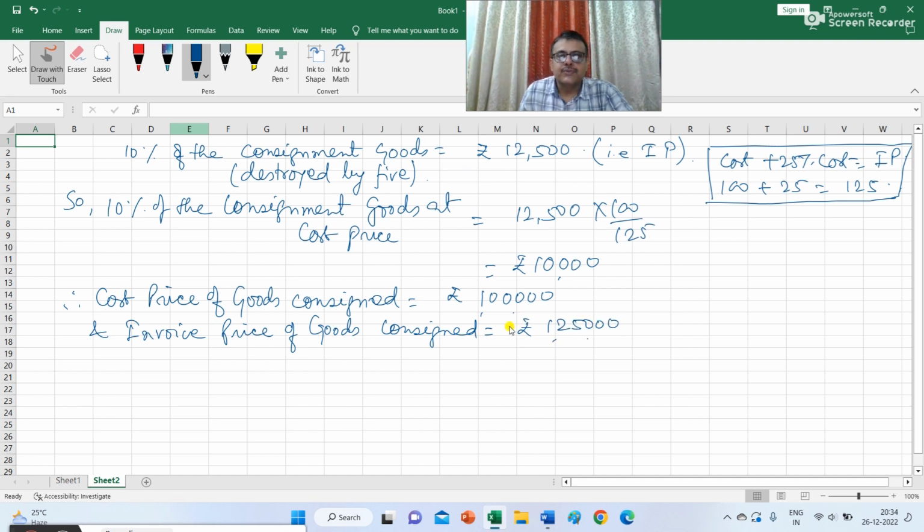Now this working is very important and I am writing this working as working note number 1. So in working note number 1, I have calculated the cost price of goods consigned, that is rupees 1 lakh, and the invoice price of goods consigned is rupees 1,25,000.